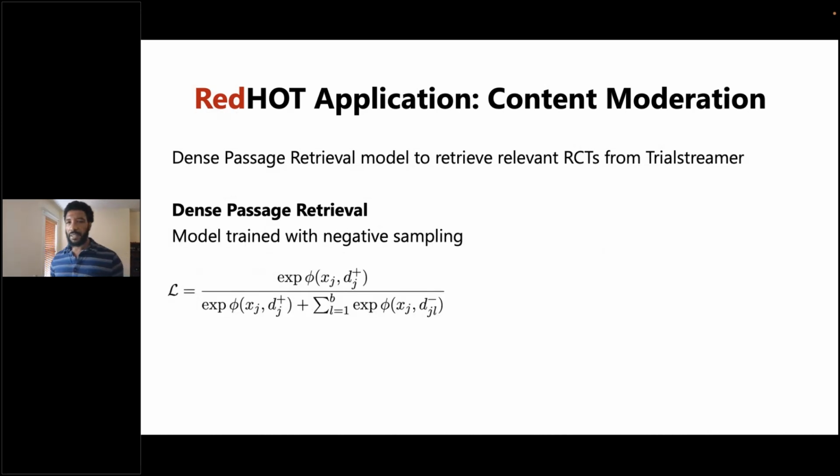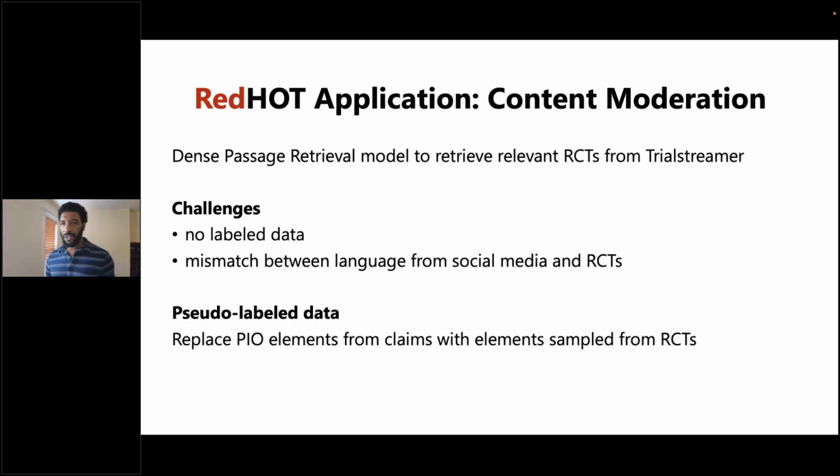This type of model is trained using negative sampling, where we use this loss function to ensure that queries that are related to documents, those vectors become closer, whereas the documents for queries that are not relevant become farther apart.